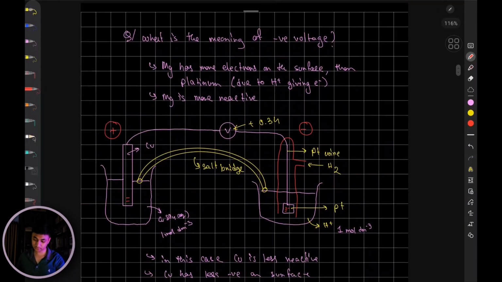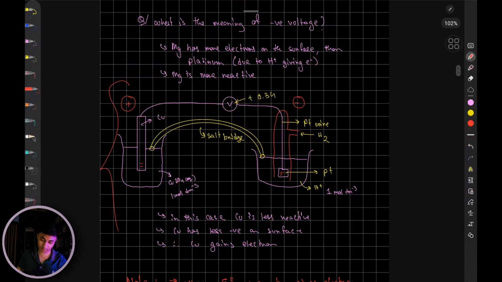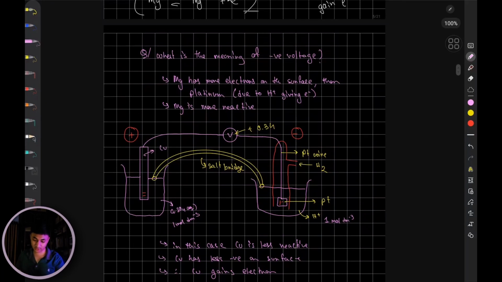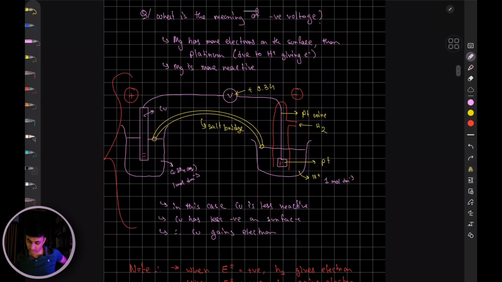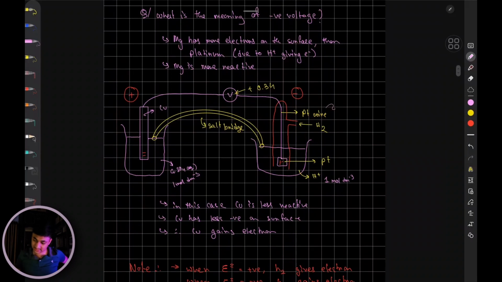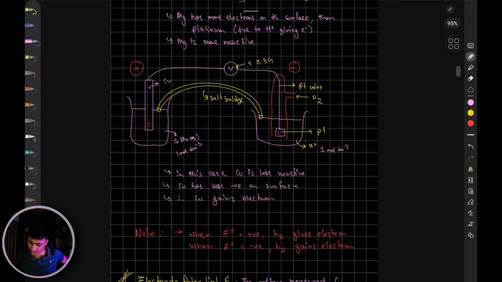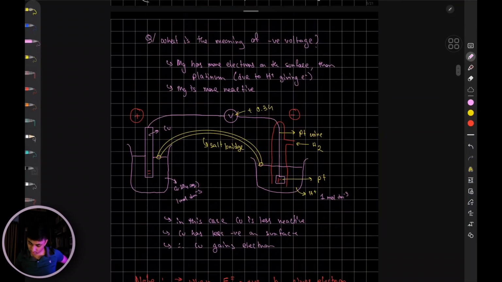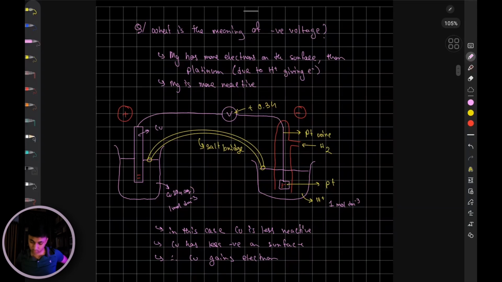Fair enough. Now, if we see another example over here, what you have is the copper and copper ion half cell, and the hydrogen and hydrogen ion half cell, right? So in this case, what you're going to see is the copper is less reactive actually. And if you look at the electrode potential, did I write the electrode potential of it? Most likely not.